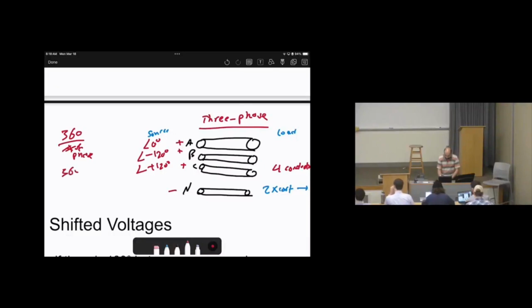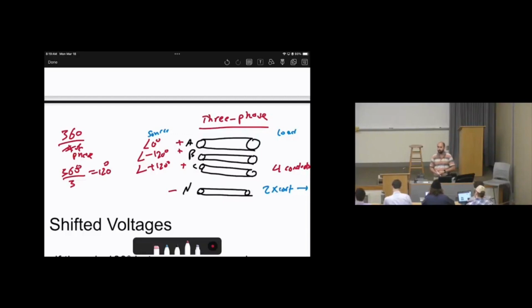So 360 divided by 3 yields 120. The phase shift between phases A, B, and C should be 120. Again, we will discuss this in detail later in today's lecture or maybe the next lecture. Here, just for your information, we keep in consideration that the phase shift between each phase is 120 degrees.